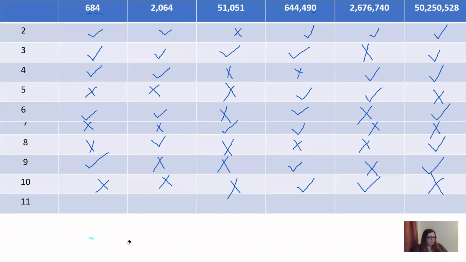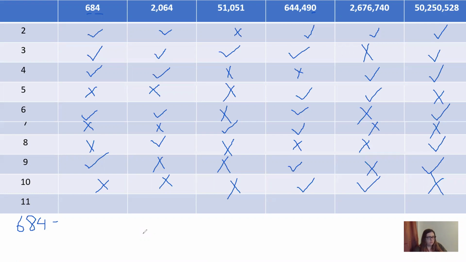Now we have 11. 11, you're going to subtract the last digit from the number. So 684. So subtract the last digit from the number formed by the remaining digits.